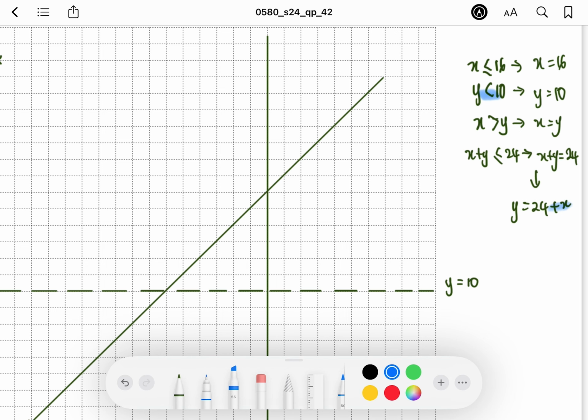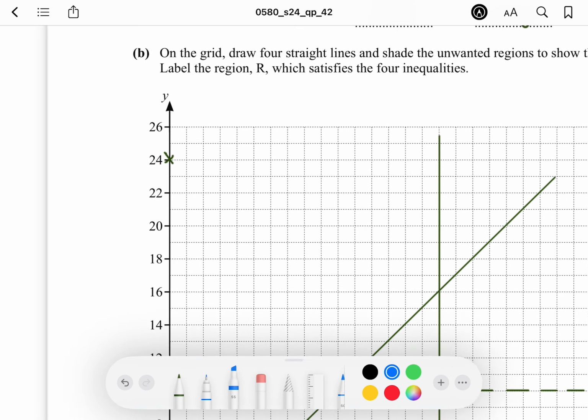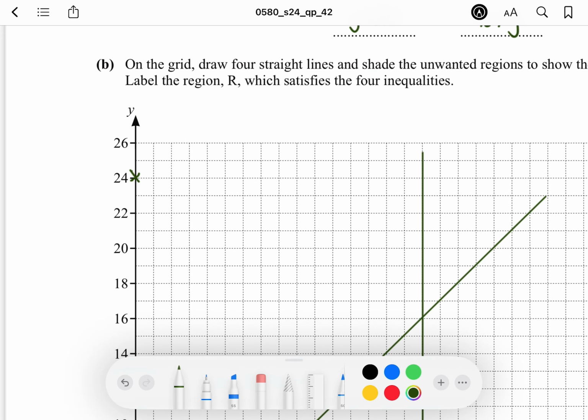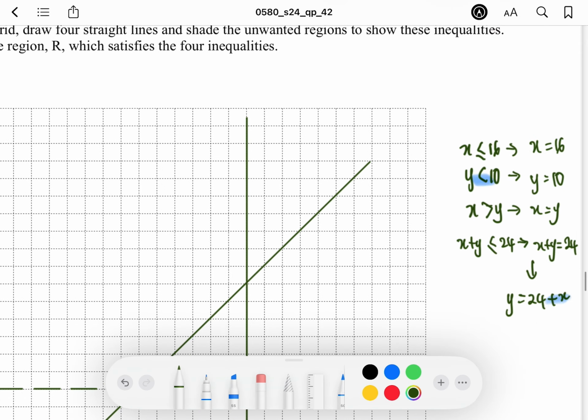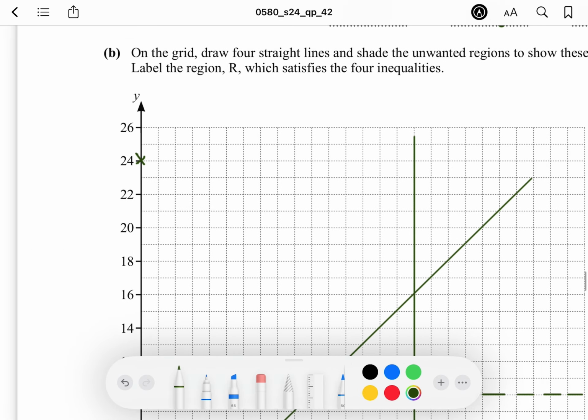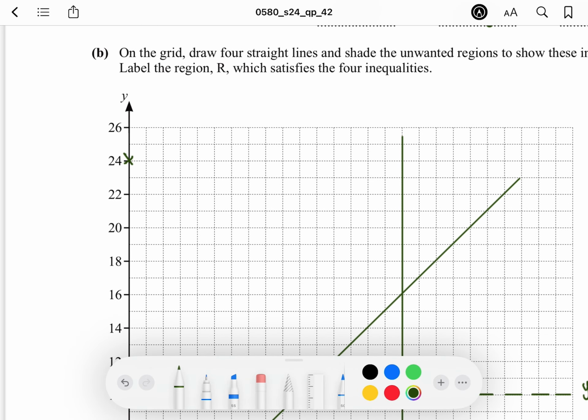That means the gradient is 1, which means, rise over run, sorry, that's not plus. That's a minus. Okay. Rise over run going up and then going to the left. Negative, going up and to the left.